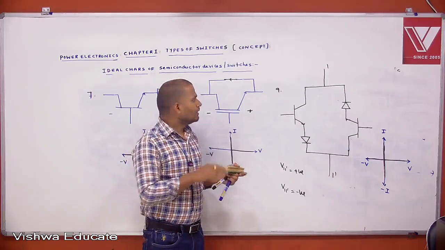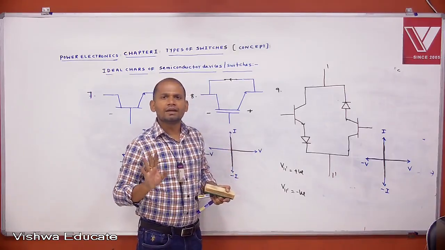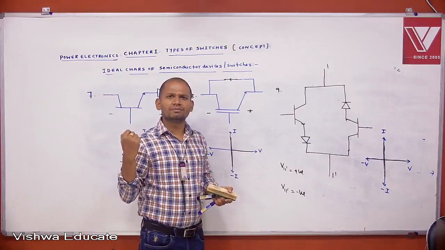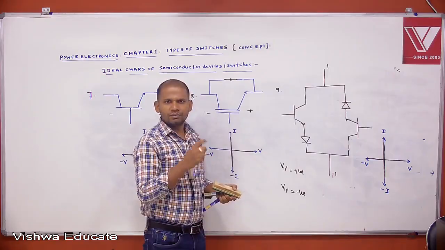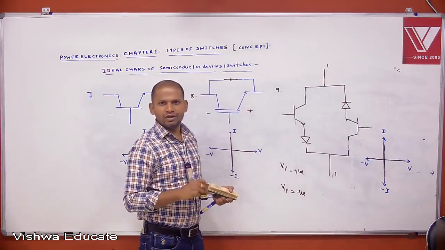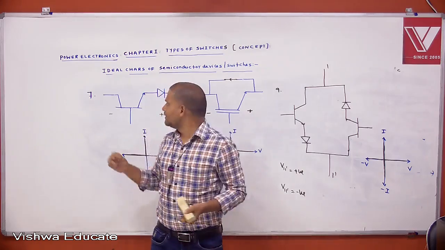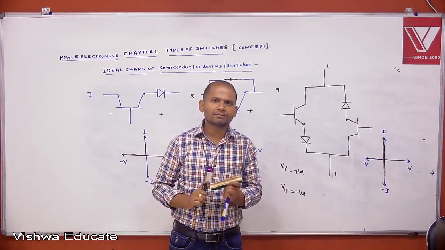This is about how to draw the ideal characteristics of a semiconductor device. Any combination is given. This is one example of a composite switch, a combination of devices. This is also an example of a composite switch. Understood?